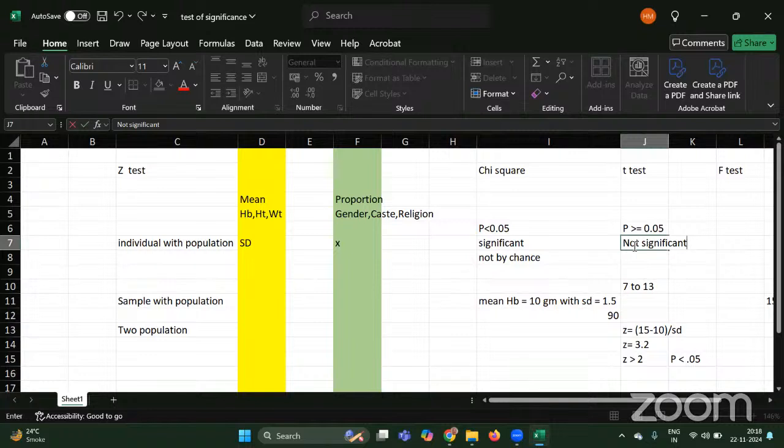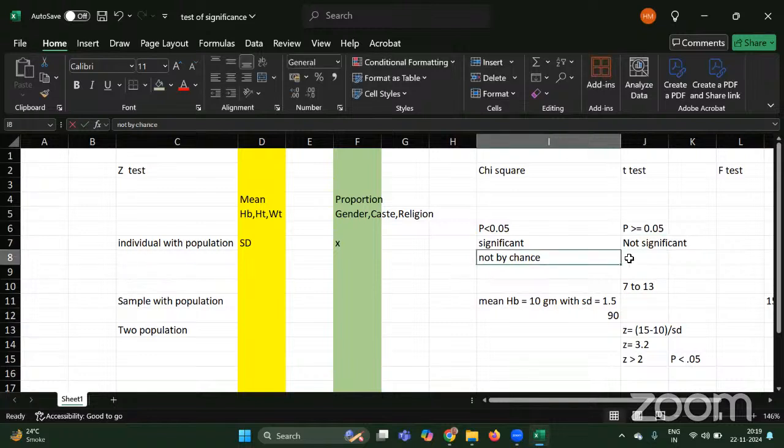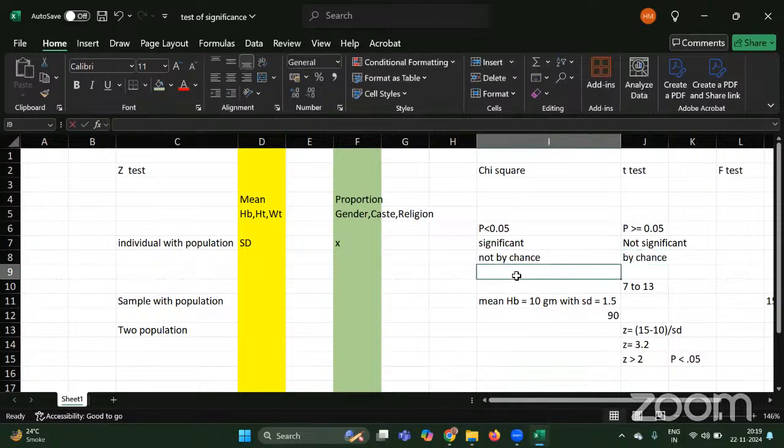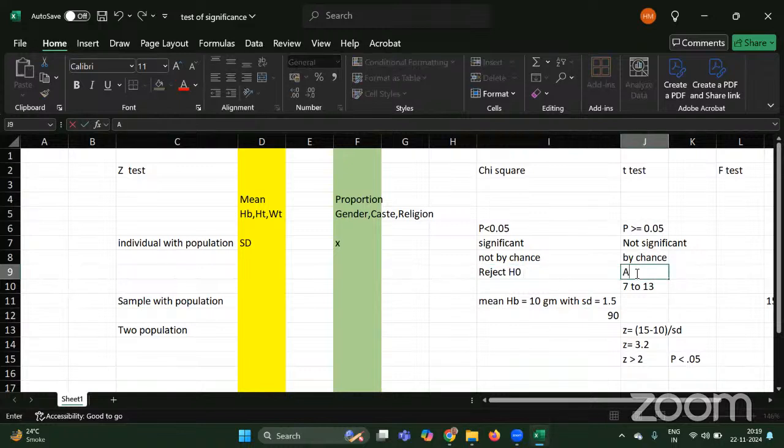Because it comes into the 95% zone. So we say not significant. The other word we use is by chance. And here we say that we reject the null hypothesis, and here we say that we accept the null hypothesis.